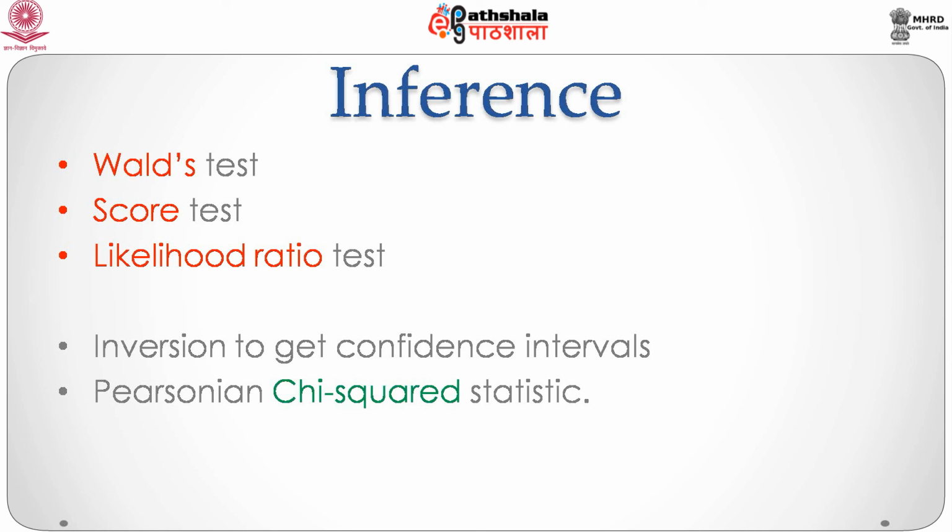This can be done by inverting any of the previously mentioned tests. Another statistic which you have heard of before in the context of likelihood analysis of a contingency table is the very well-known Pearsonian chi-squared statistic, and it is in fact one reason why likelihood inference was very popular for contingency tables. We shall revisit the Pearsonian chi-squared statistic in a subsequent module.